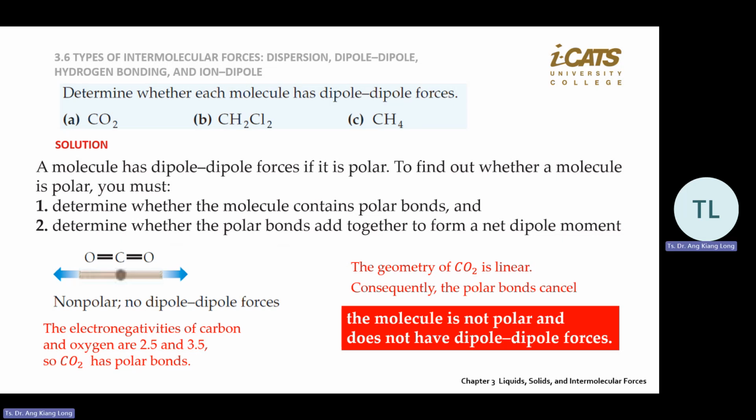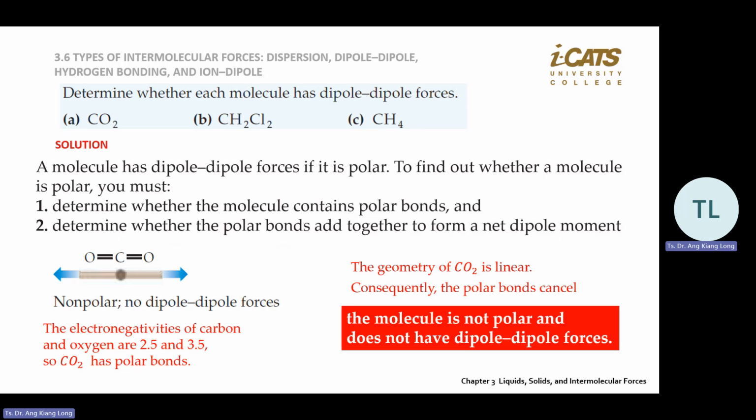Why don't dipole-dipole forces exist? Because it's non-polar. Being non-polar, there is no delta positive, delta negative in CO2. It means if you mix CO2 together, they cannot combine. There's no reaction between CO2. Okay? So there are steps. The electronegativity here is just to look at C and O, carbon and oxygen. If you combine C and O, is there any reaction or not?